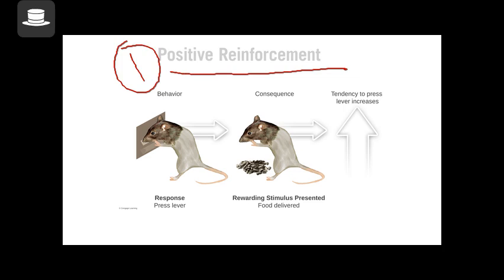Positive reinforcement occurs when a response is strengthened if it is followed by the presentation of a rewarding stimulus. In this example, the response of pressing the lever by this animal increases if it is followed by a positive rewarding stimulus, that is food.